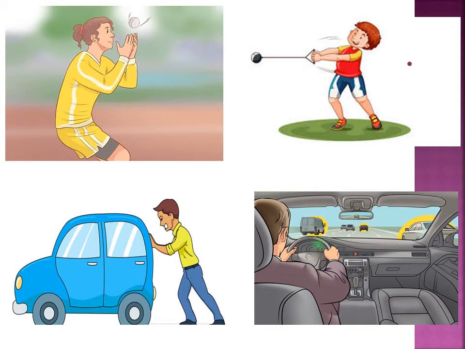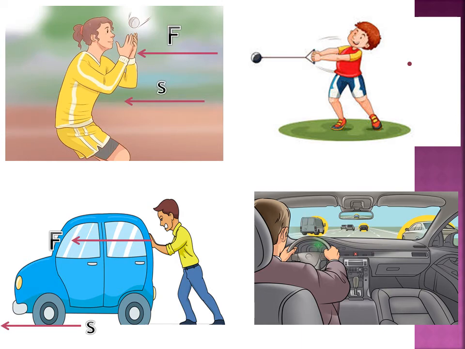In the first example, the direction of applied force and that of displacement are both in the same direction. So it is called positive work done. In the second example, the ball is thrown towards you. So the direction of the force and that of displacement are both the same.